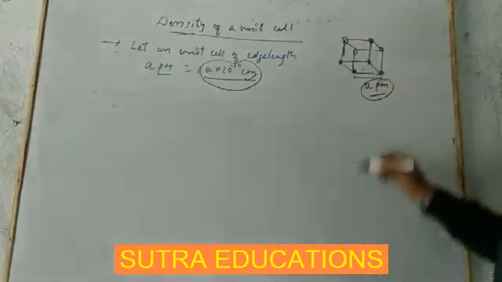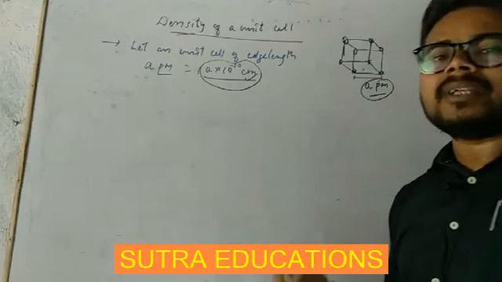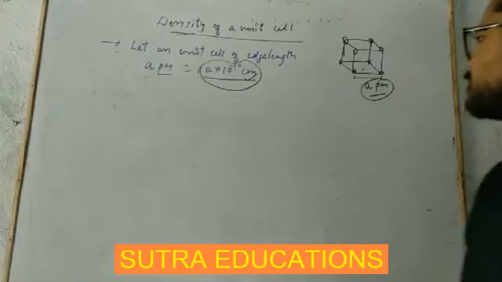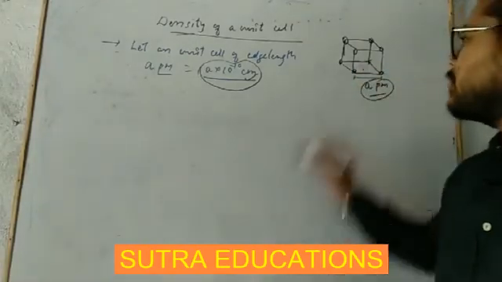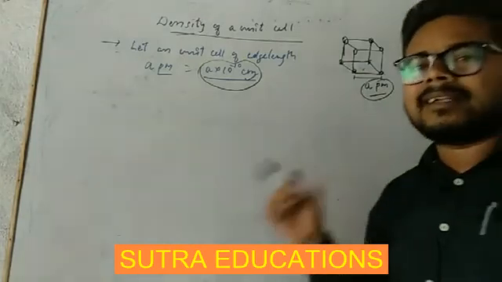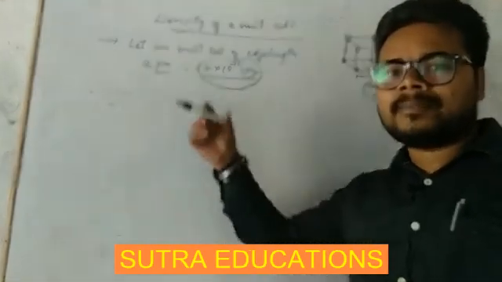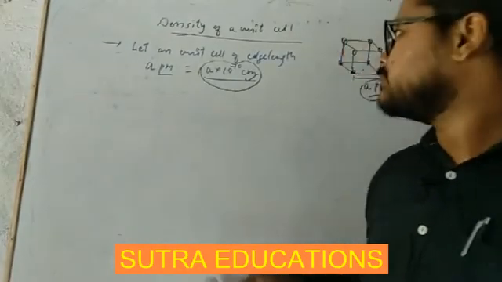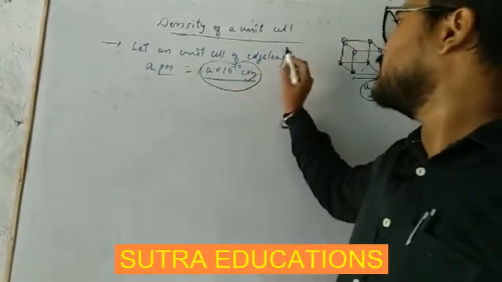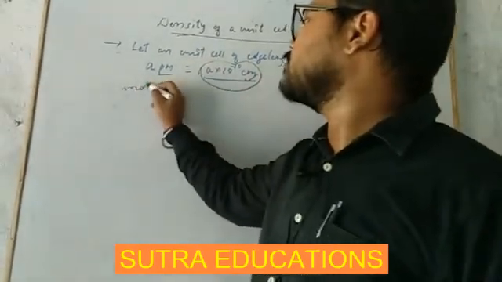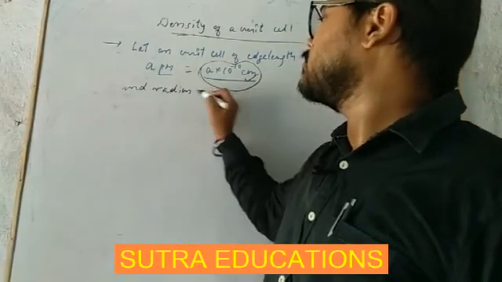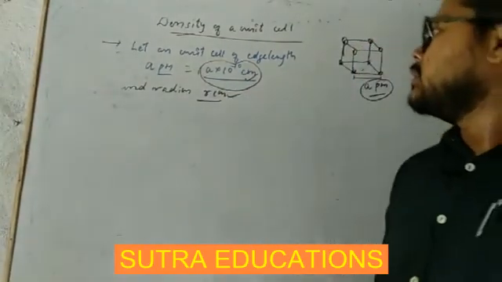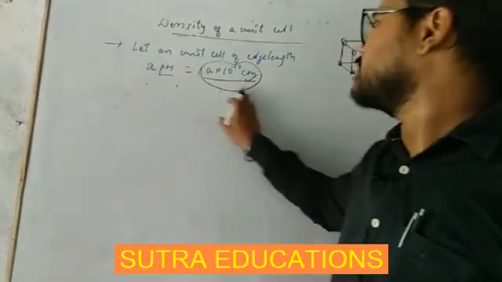We do not know how many atoms there are or at which places they are placed in the unit cell. If it is a unit cell, certain atoms will be there, occupying the corners or body center or face center or edge center. So let a unit cell of edge length a picometer and radius r centimeter. Don't write this.